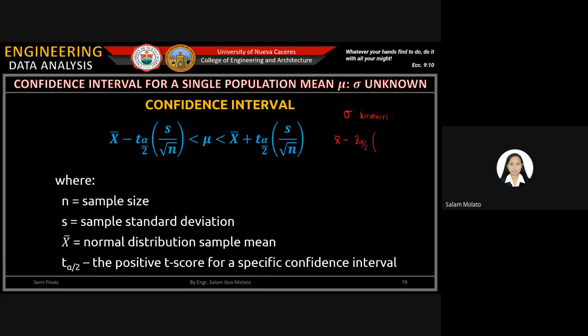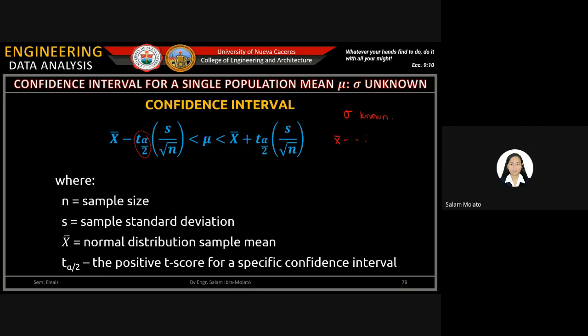So this is just like that. Here we have x bar minus t alpha over 2. As you can see, when it is known we use z alpha over 2, while here we use t alpha over 2. That is the only difference.